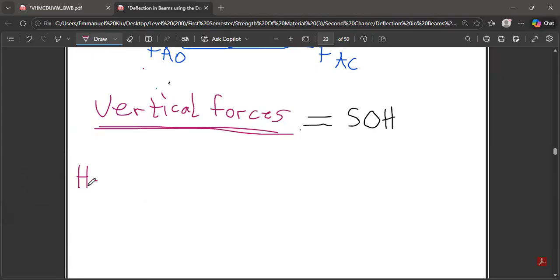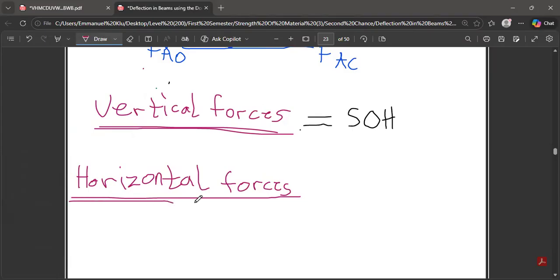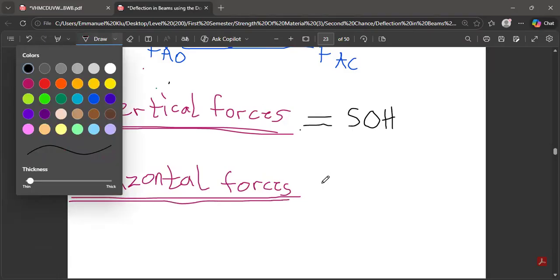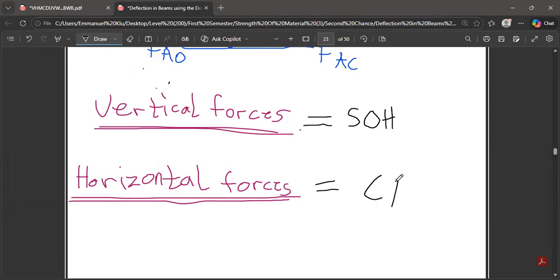For the horizontal forces, we are going to use cos, that is, we are going to use CAH from the SOHCAHTOA I mentioned earlier.